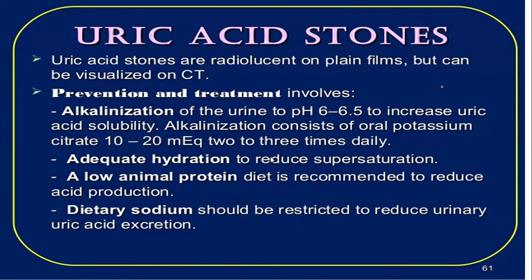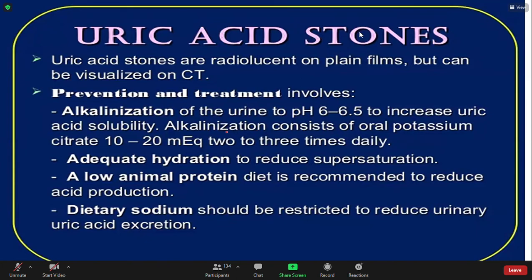You told us that it will tend to lower the uric acid, but at the same time it tends to alkalinize the urine. It tends to lessen the acidity because the acidity is the culprit, as it tends to precipitate the uric acid, right? So if you look at that, alkalinization of the urine to pH of 6 to 6.5 increases uric acid solubility.